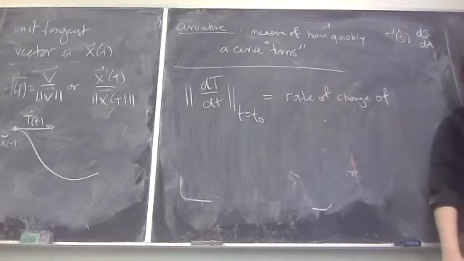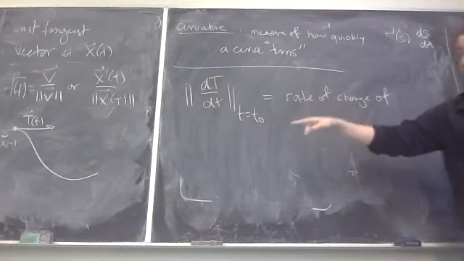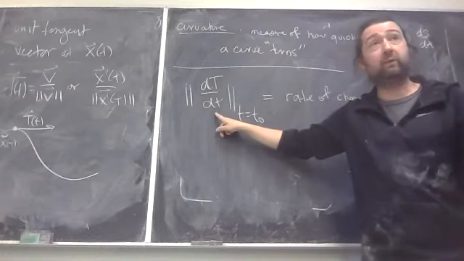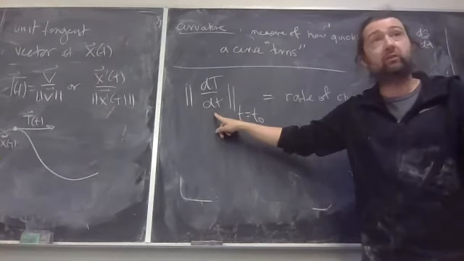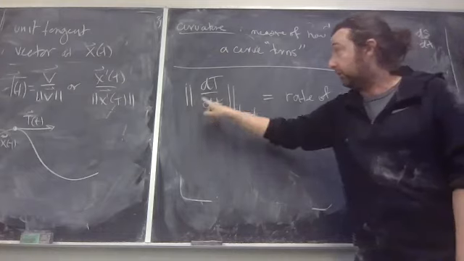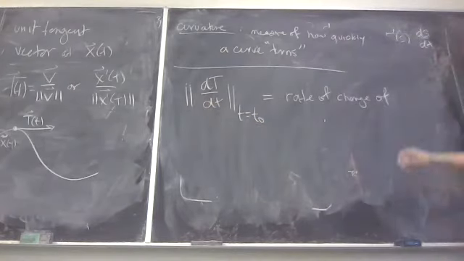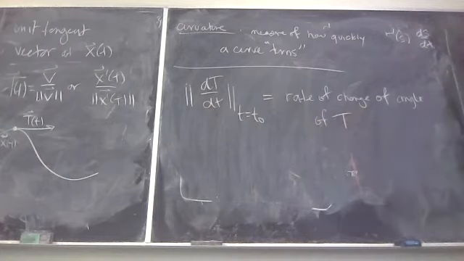The angle is changing. This measures how fast the angle is changing. It can't be measuring anything about length because the length of the tangent vector never changes. It's always 1. So the only thing that can be changing is the direction, which is measured by the angle. So the length of the derivative vector is the rate of change of the angle of T of t. It's a measure of angular rate of change.